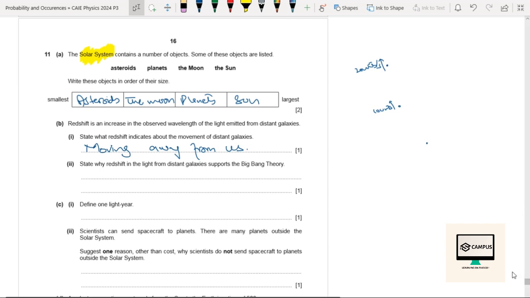Okay, moving forward. State how redshift in the light from distant galaxies supports the Big Bang theory. Okay, the Big Bang theory states that the universe is expanding.